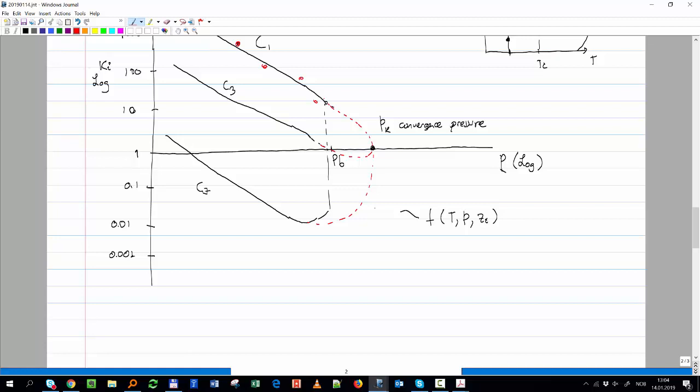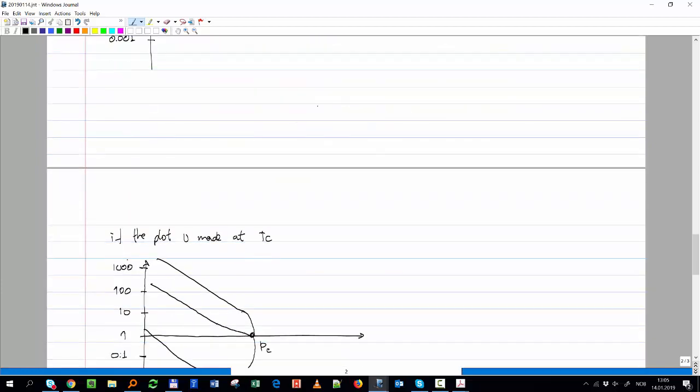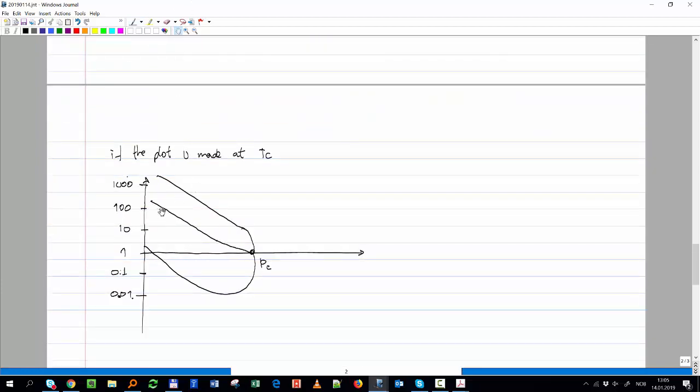So that's why this expression is also a function of that convergence pressure, that pK. But remember, it only exists physically at the critical point. The critical point is the only temperature at which all the lines meet each other.